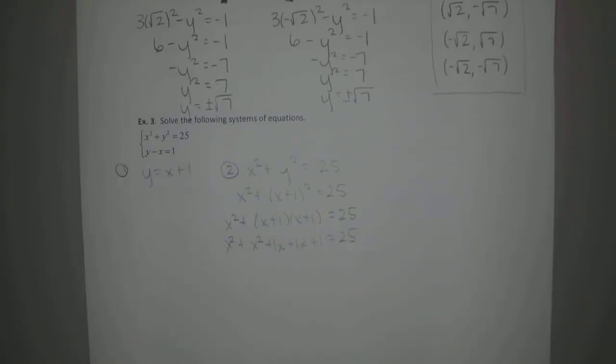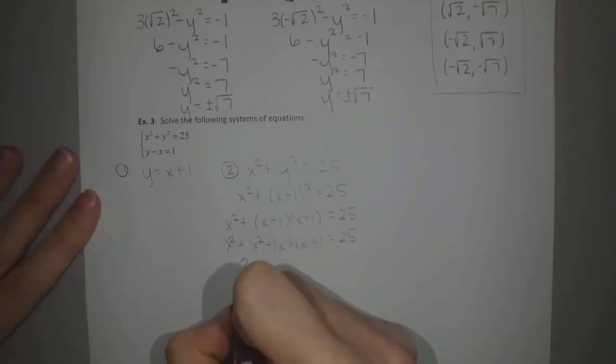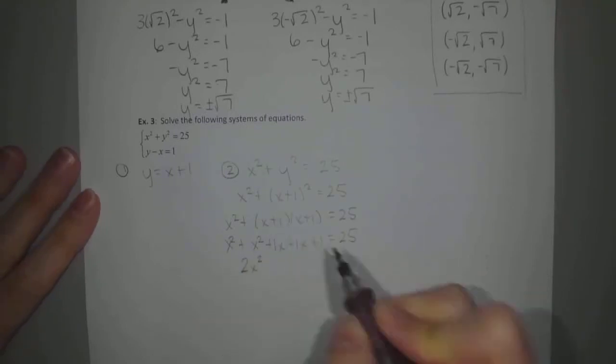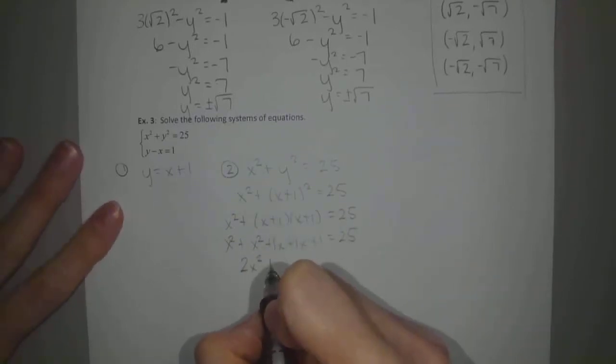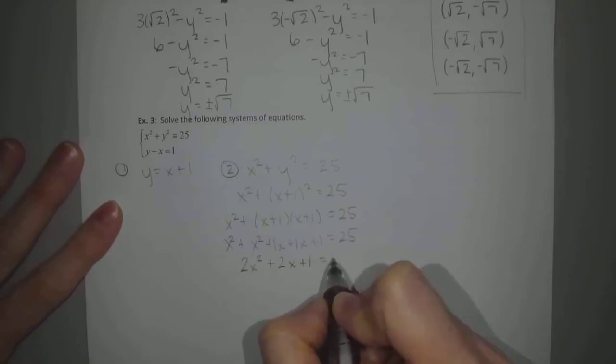Now that we FOILed it and got rid of parentheses, we can gather like terms. So what's x squared plus x squared? 2x squared. What's 1x plus 1x? 2x plus 1 equals 25.